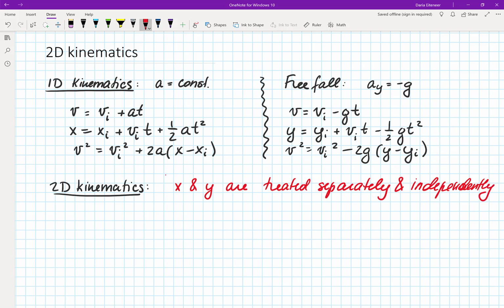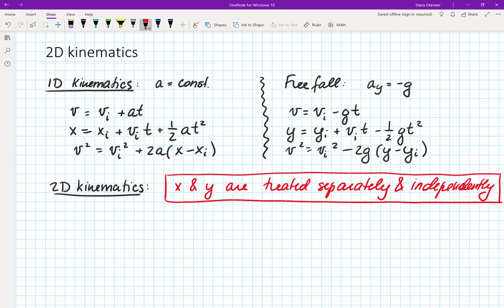This statement is so important that I'm going to box it, even though it's not really an equation. So x and y are treated separately and independently. Basically, what that means is whatever is going on in the x direction has no influence on the y direction. And vice versa. Whatever happens in the y direction has no influence on the x direction.